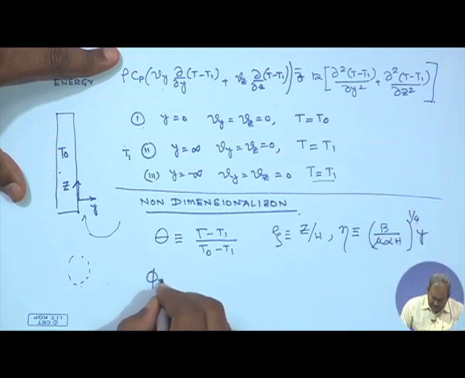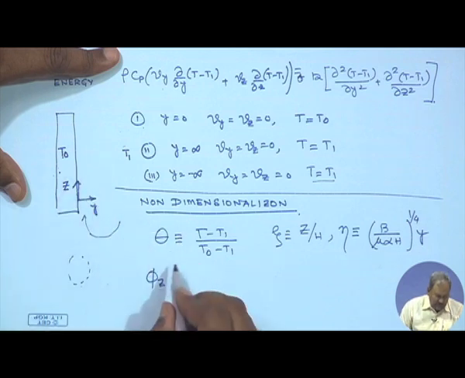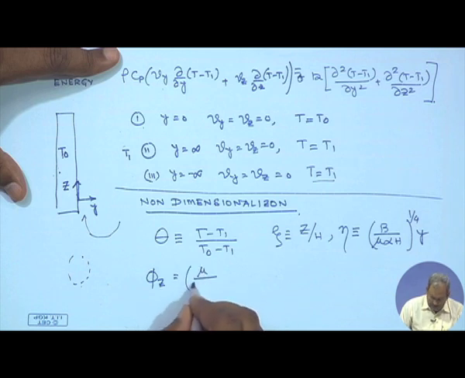The phi Z, this is the velocity in the Z direction, is mu B alpha H to the power half times Vz.